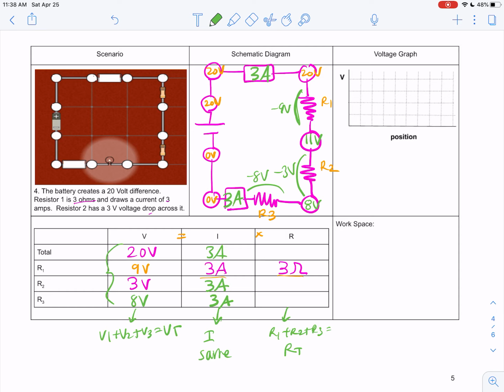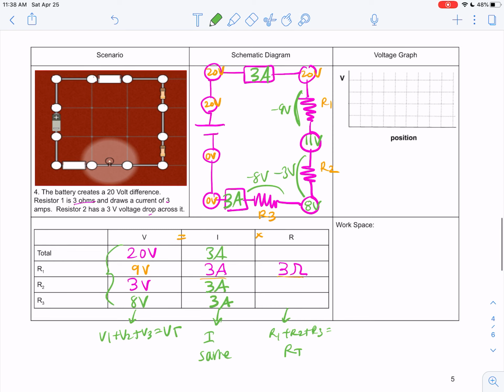Then I can just go ahead and calculate the rest of these and make this a little bit easier on myself. So 3 equals 3 times R. Remember, if you need to work it out all the way, go ahead and work it out. R is going to equal V over I, which is 3 volts over 3 amps, so this is going to be 1 ohm. Similarly, 8 over 3, I know it's going to be a decimal, don't freak out, it's going to be okay.